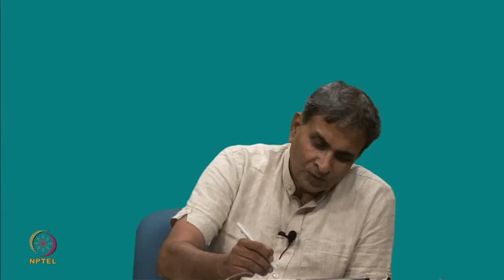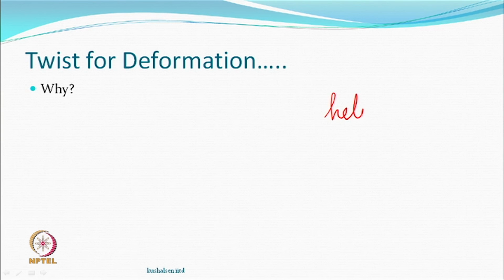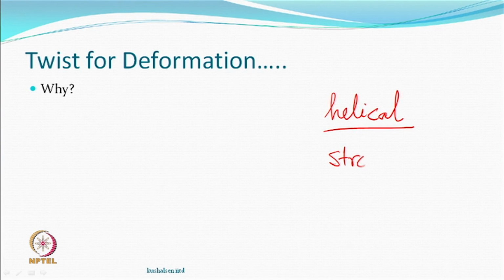Helical structure. One is they can give me helical structure, without any doubt, and so you can produce stretch yarns and modify stretch yarns. So, you get helical structure, which is good. More extension, more stretch can also be achieved. Any other reason? Strong interaction. Let me just keep writing down. Strong interaction, this is what you said.